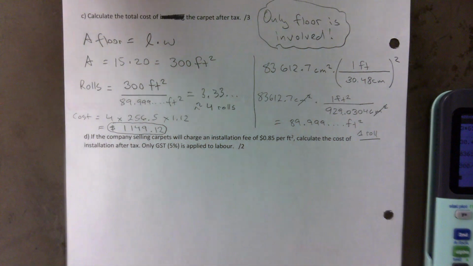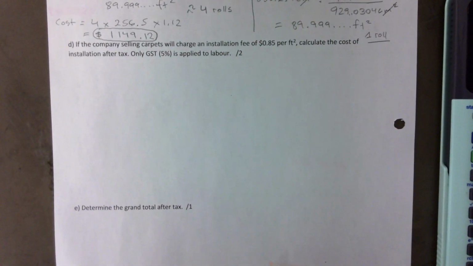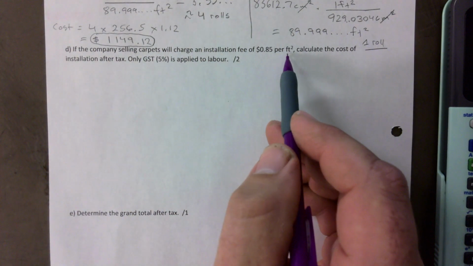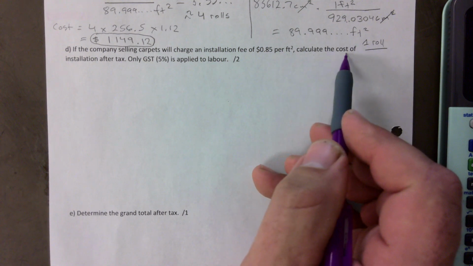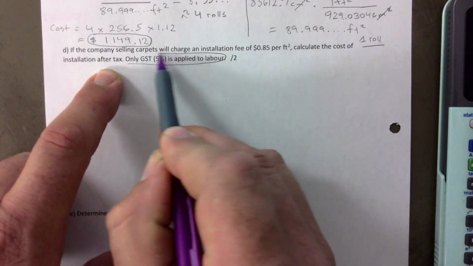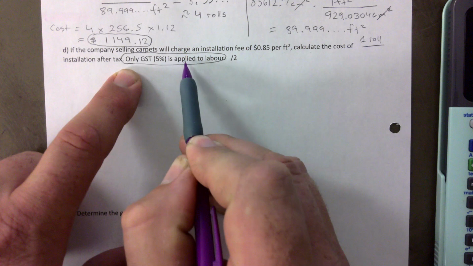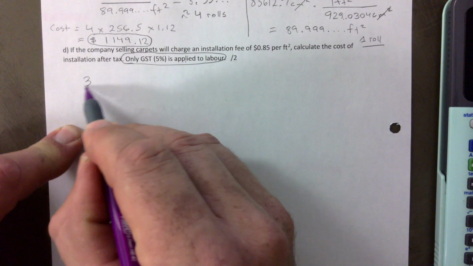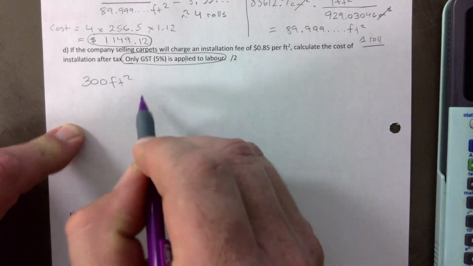Anyways, next. The company selling carpets will charge 85 cents per square foot. Calculate the cost of installation after tax. Only 5% tax is applied to labor. So all you need to do here is the 300 square feet, right?